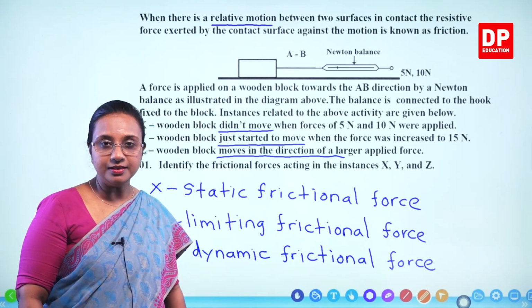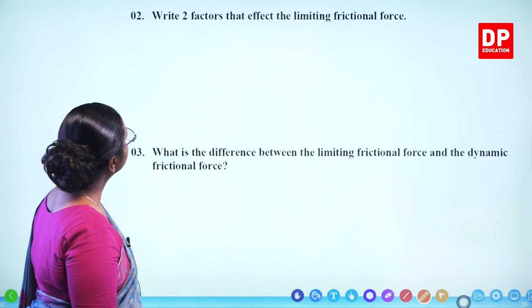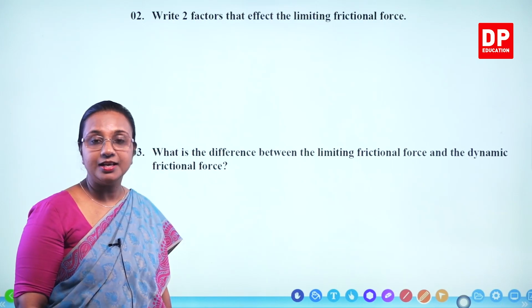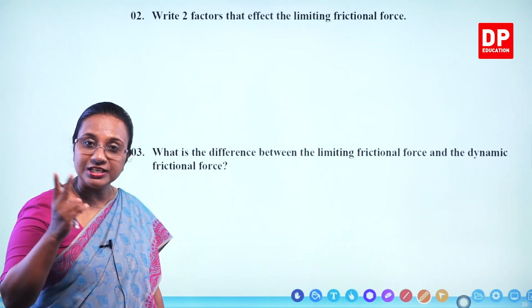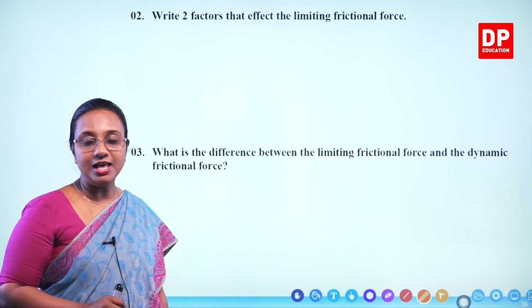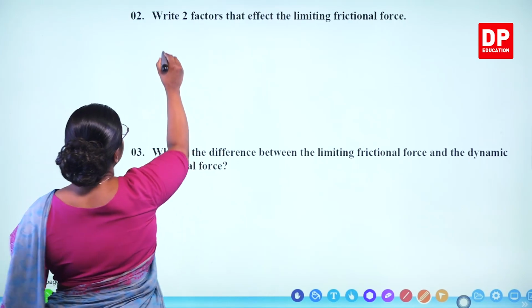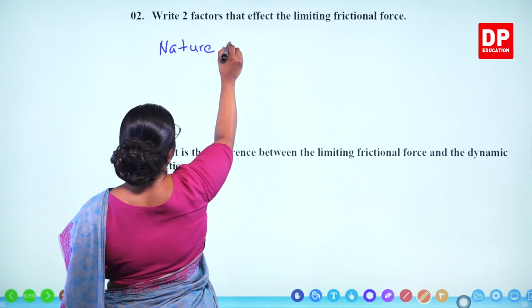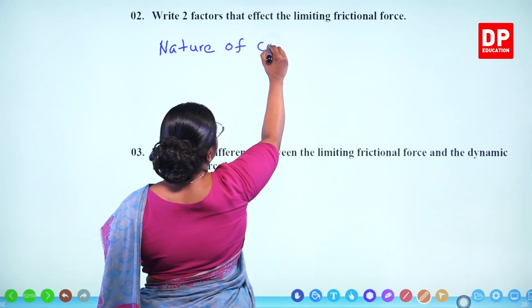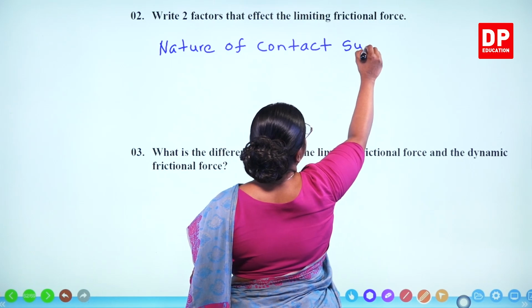Let us look at the next question. Write two factors that affect limiting frictional force. So you know the two factors very well. One is the nature of contact surface. So that's the first one. Nature of contact surface.